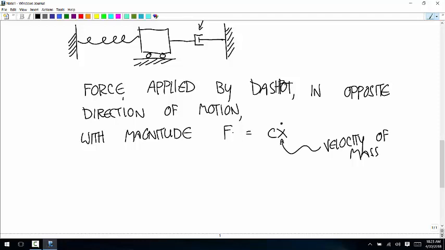I think more likely you just set up an experiment and measure the force as the velocity changes. Temperature, yeah, it would be temperature dependent.